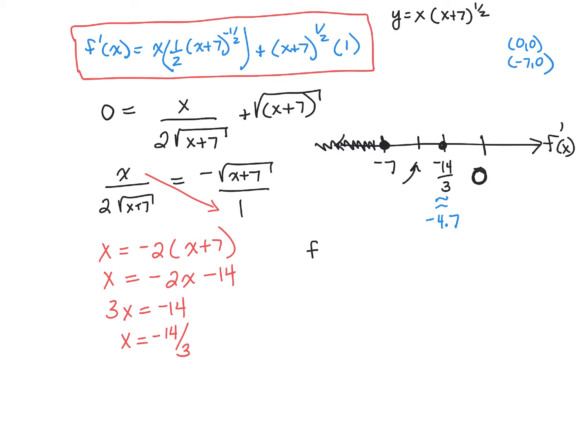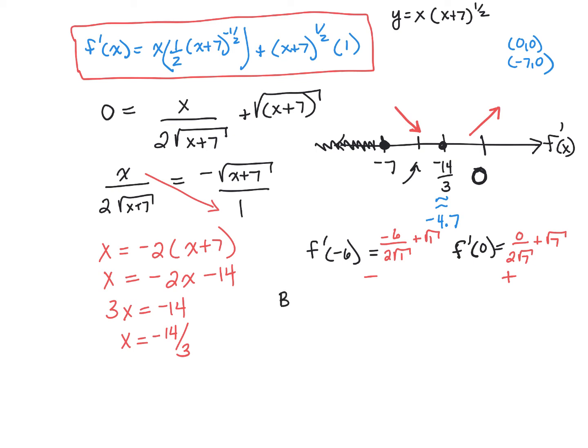So I tested in my first derivative, f prime of -6, and also f prime at 0. It turns out that f prime at -6 is negative, so the function is decreasing in that interval, and f prime at 0 is positive, so it is increasing.